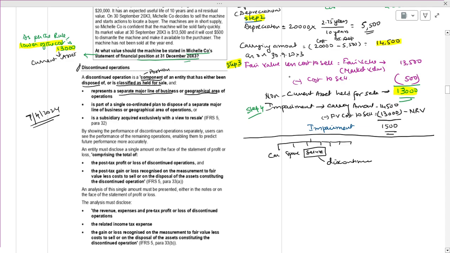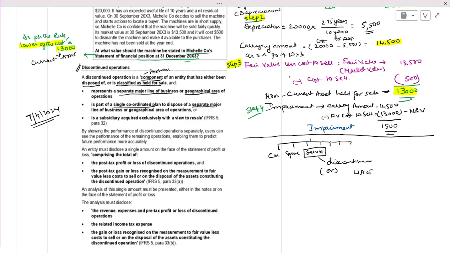You want to sell some business in UAE, which is a geographical area of operation. It is part of a single coordinated plan to sell a separate major line of business or geographical area. You are very much decided that you will sell the business or one branch.